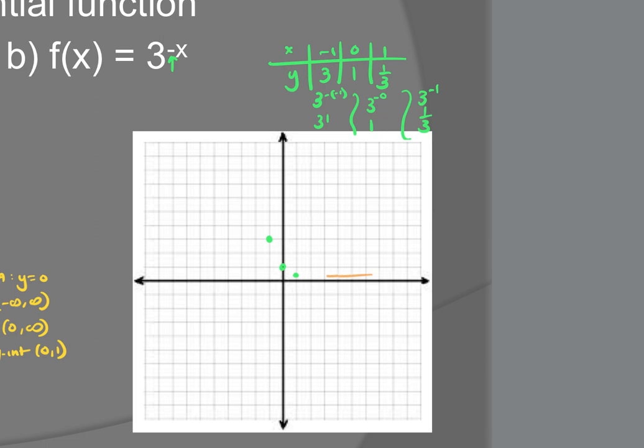My graph is going to come close to the x-axis without touching it. There's a horizontal asymptote still at y equals 0, domain negative infinity to positive infinity, range 0 to positive infinity, y-intercept 0, 1. All of that stays exactly the same. The only thing that changed was the direction of my curve.